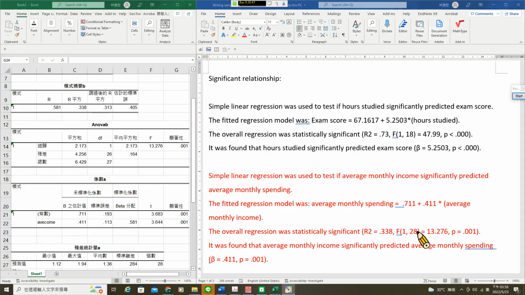It's not 28, it's 26. 26 here, 1 and 26 here, right? Let's compare. This is the degree of freedom, and this is regression, residual, and 26. 1 and 26. So the F score is 13.276. And the probability of this one is P equal to here.